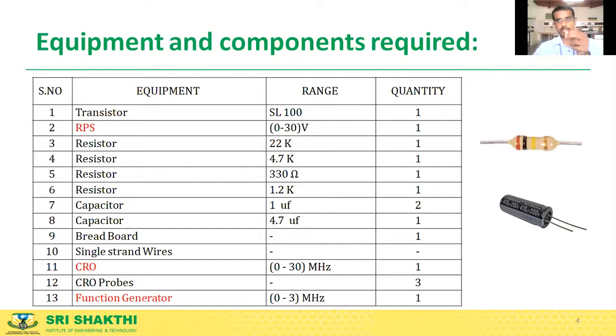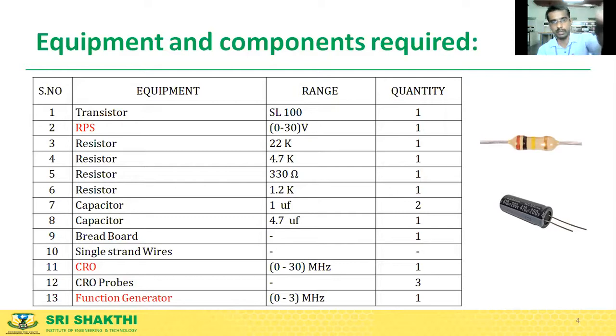The first major component that is required is BC547. It's a 3-terminal plastic package transistor. There is also a metallic transistor called SL100, which we'll see in some other experiment. Another major component is a resistor.